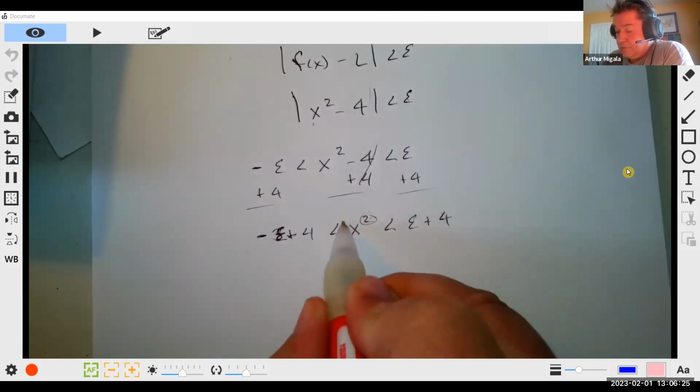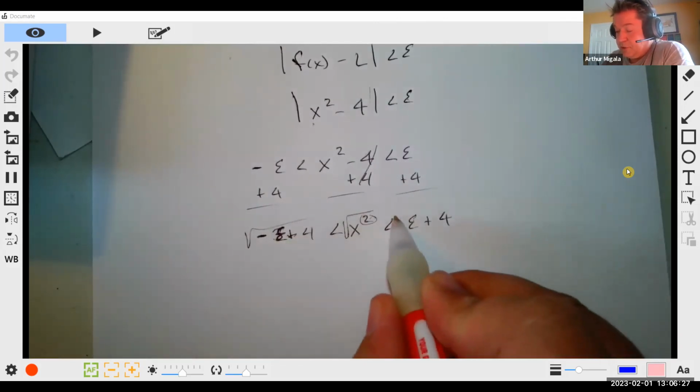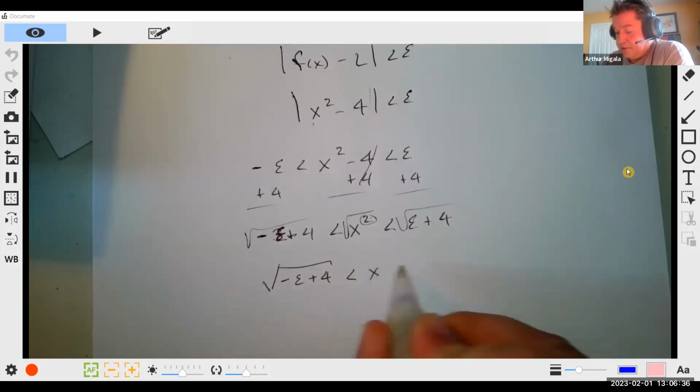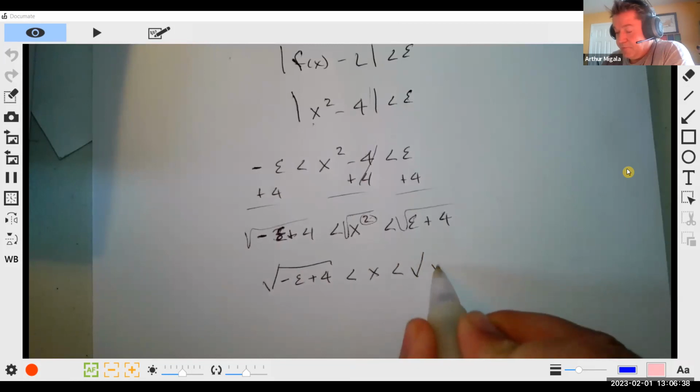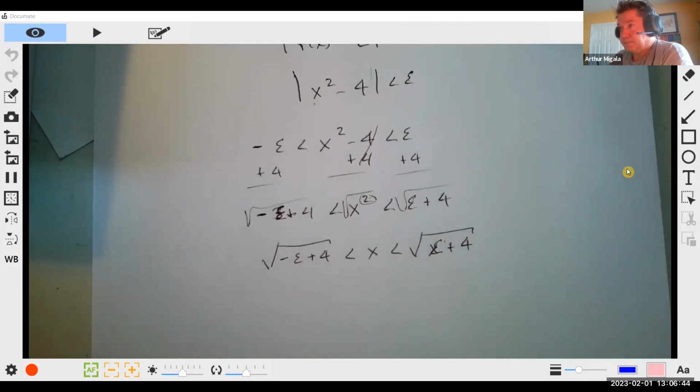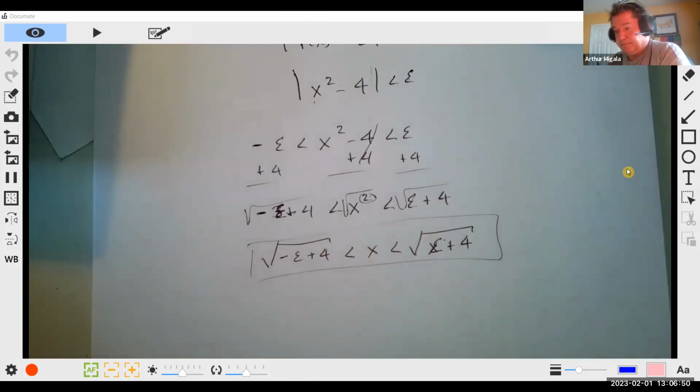Get rid of this with the square root of each term. So the square root of negative epsilon plus 4 is less than x is less than the square root of epsilon plus 4. So there is our range that we look at.